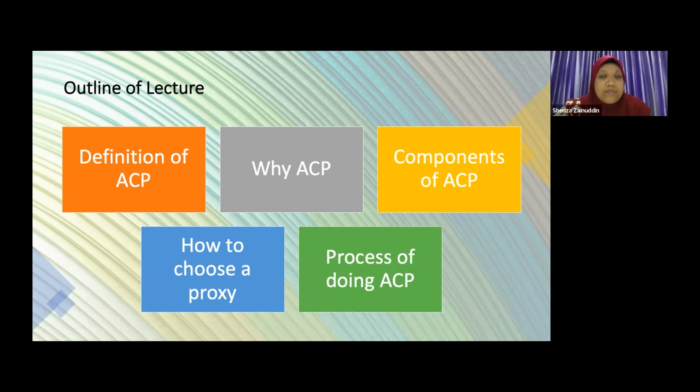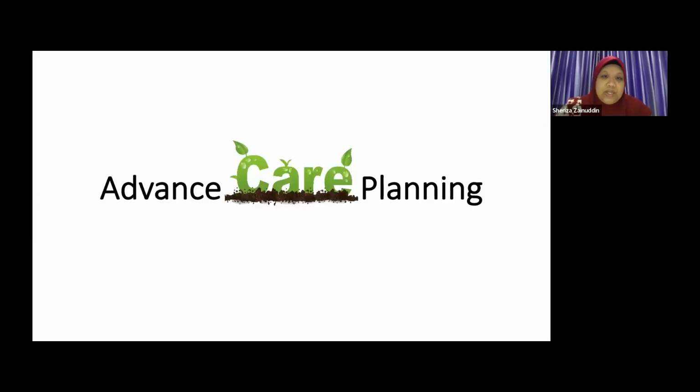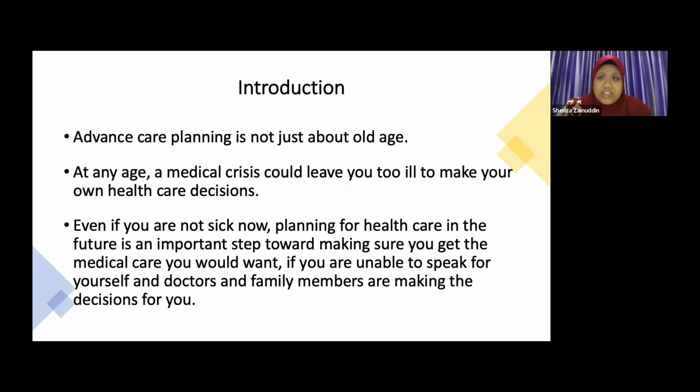And then I will talk a bit about why there is a need for ACP, what the components in ACP are, how we, as a caregiver or a patient, choose a proxy, and what the process is in doing an ACP. So, advanced care plan, just a short introduction.